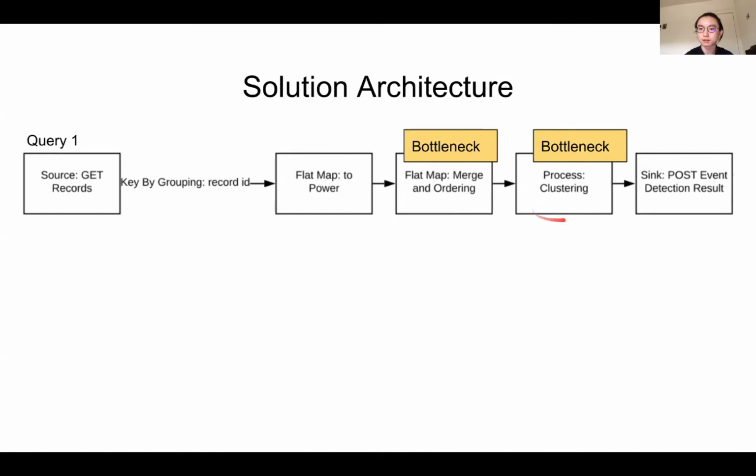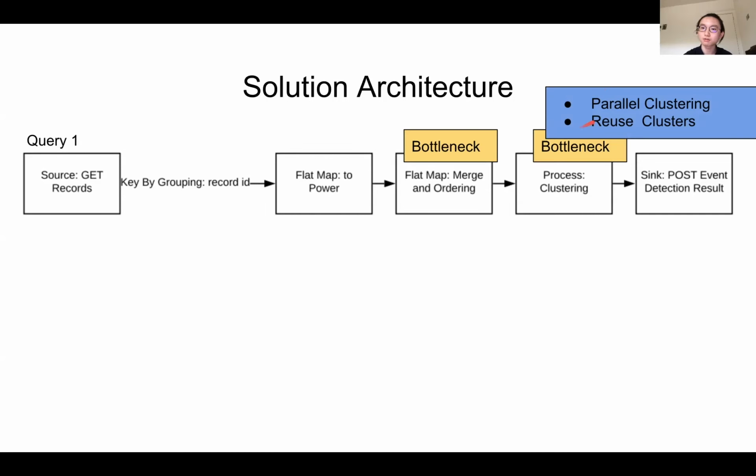Following that, on the second bottleneck here, we were using the basic implementation of the DBScan algorithm, which means each time we get a batch of data, we simply do clustering on that batch from scratch. We also thought about two other ways to do the clustering.